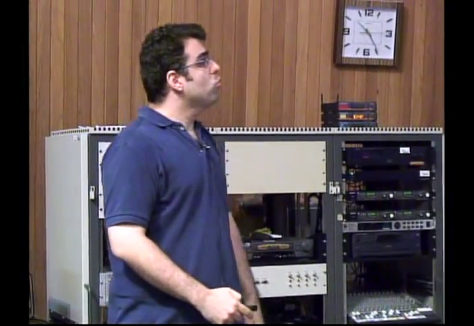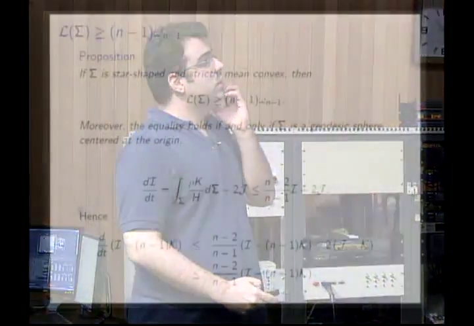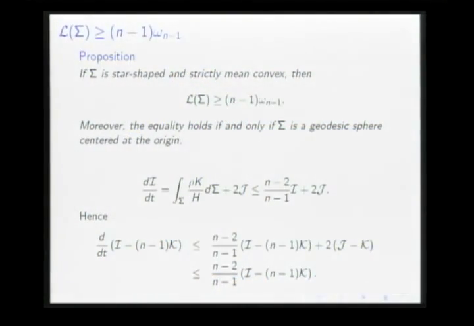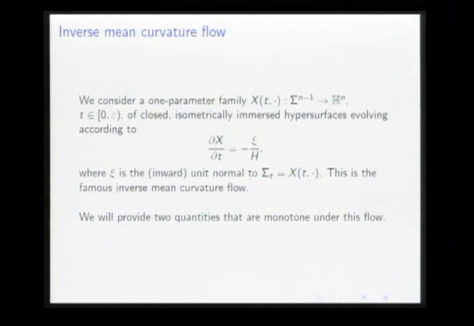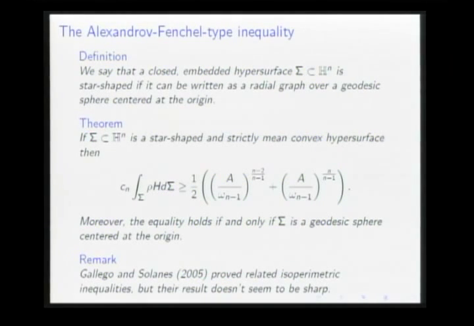And then you get the desired inequality. So let me go back to the inequality. So you get that. We were very happy with this. And it's amazing for me that you go to physics to get the expression that you need to prove.